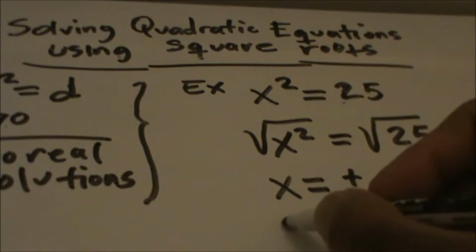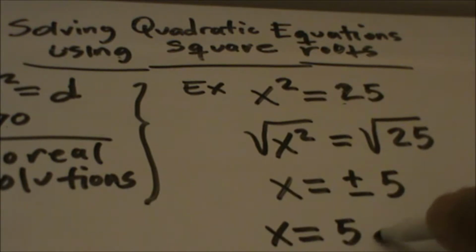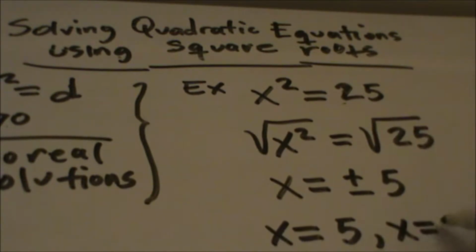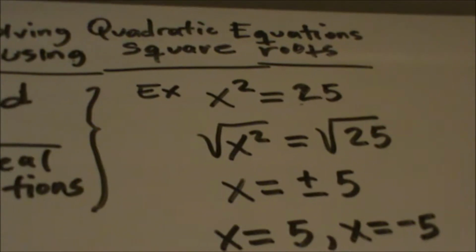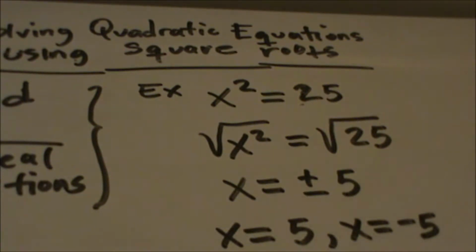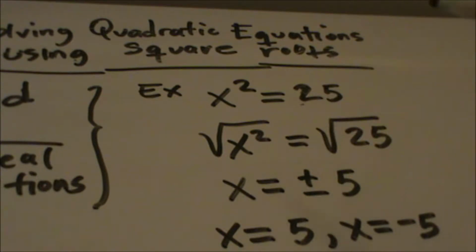So there exists a positive 5 and a negative 5. This is what it means when you square root the equation x squared equals 25. Square root on both sides, and you'll be able to find two real solution values.